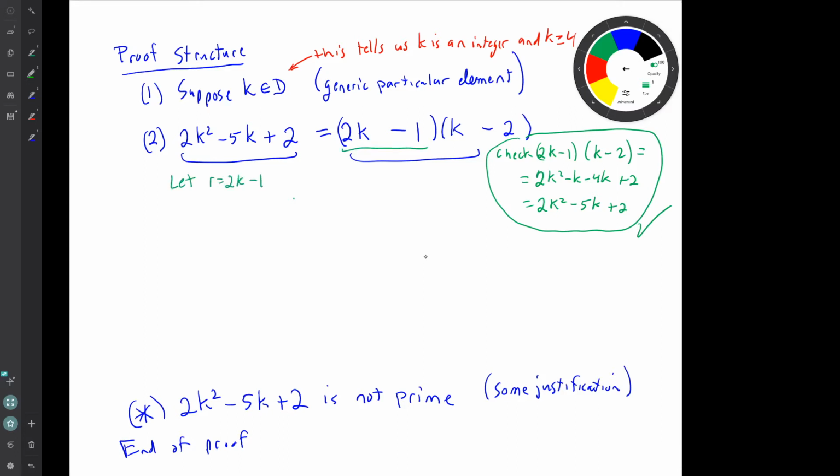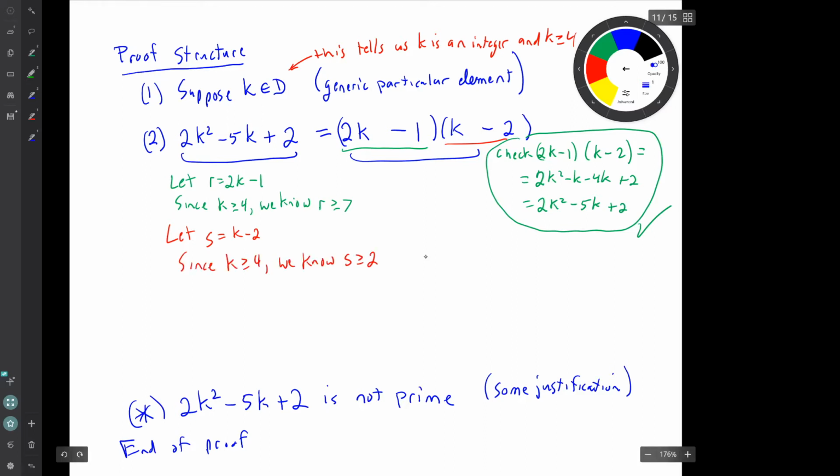So since k is greater than or equal to 4, that tells us that r is greater than or equal to 7. And let's look at the other factor, k minus 2. Let's call that s. How big is that? Well, again, k is greater than or equal to 4, so that means that s is greater than or equal to 2.